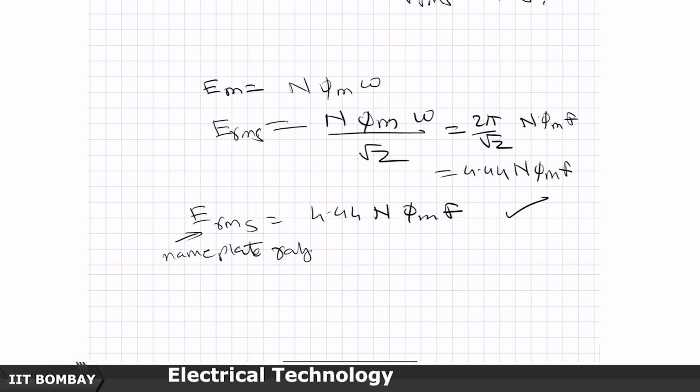The peak value of the flux is proportional to the peak value of the flux density, and to the area of cross section, which is L times R. The RMS value is proportional to the frequency of rotation, which for us is fixed at 50 hertz, and also proportional to the number of turns. So, if you want more voltage, you can proportionately grow the turns, and the constant factor comes out to be 4.44.